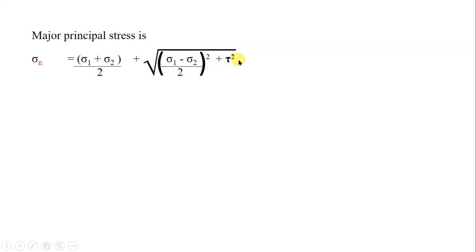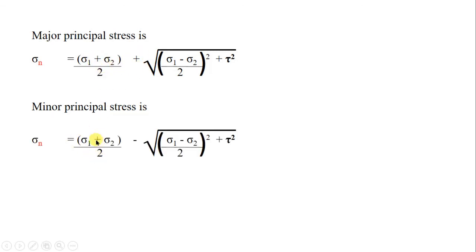This is the formula for calculating major principal stress. And for minor principal stress, sigma n is equal to sigma 1 plus sigma 2 by 2 minus square root of sigma 1 minus sigma 2 by 2 the whole square plus tau square. The same formula, the only change is for major principal stress we use plus and for minor principal stress we use minus.